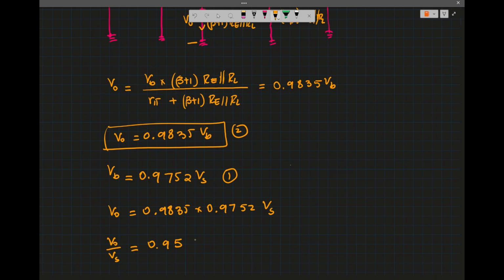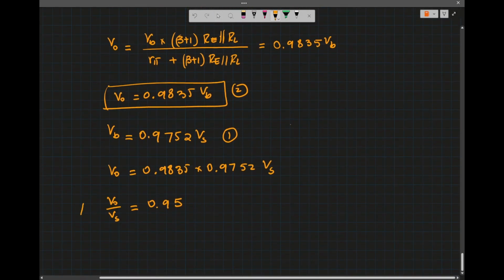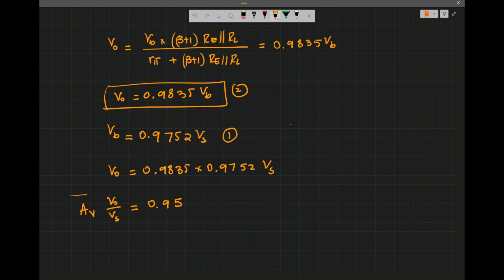Okay, so that's the voltage gain, AV. Maybe 0.91, probably. Okay, so that is the voltage gain, which is not too bad.